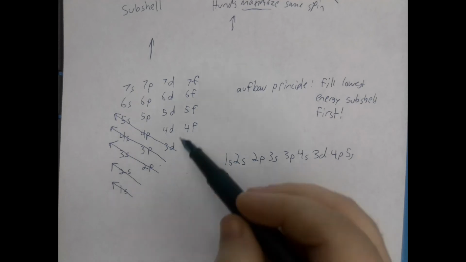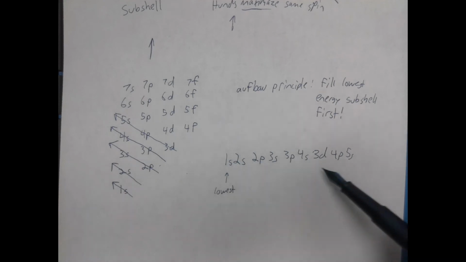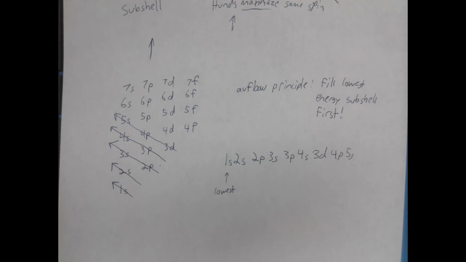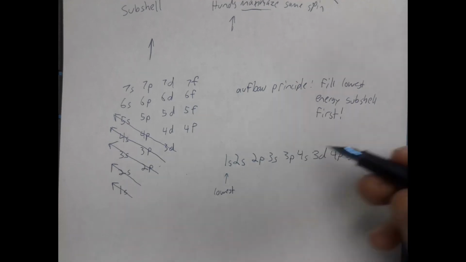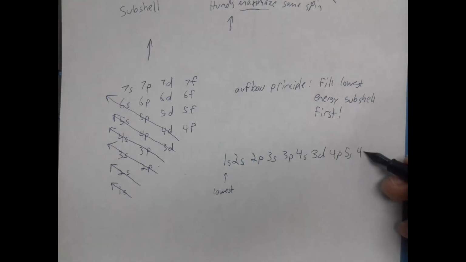So if you can make this diagram and just draw the diagonals, you have the correct order of the energy levels. If you want to continue it, we have 4D, then 5P, then 6S.